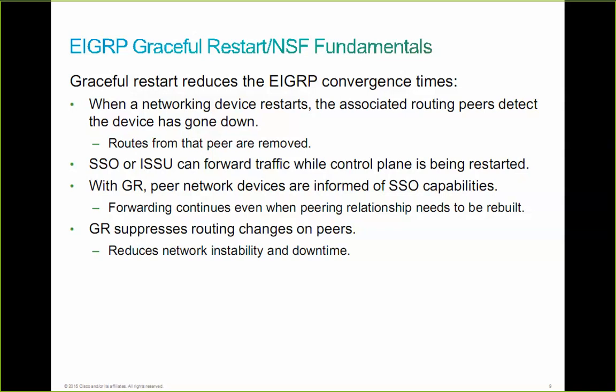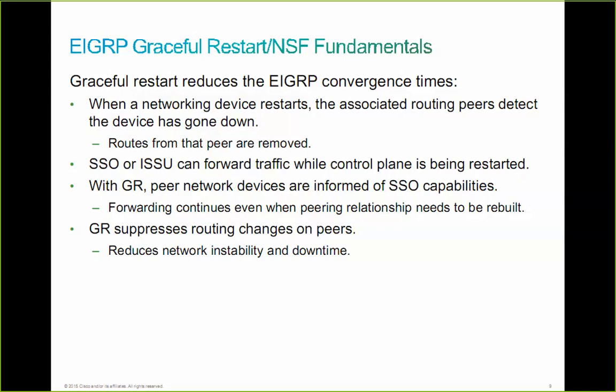Another feature, it's called GR, which is Graceful Restart, right? It is a nonstop forwarding feature as well. And when we have this GR feature implemented, what it does is it suppresses routing changes on peers during a switchover event.